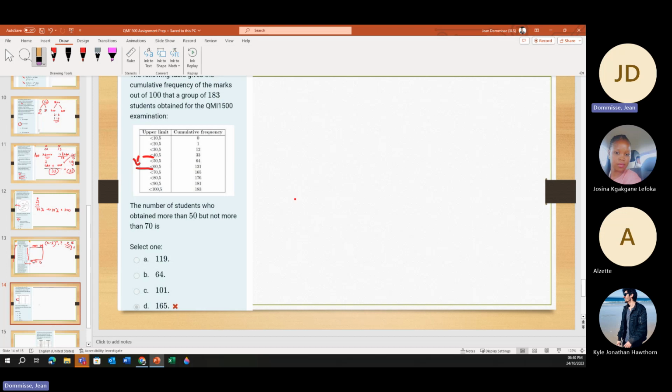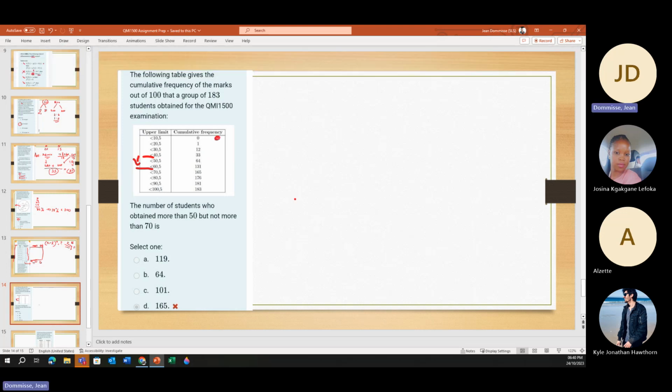So let's be practical about this. So there's nobody there. There's 1 there. There's 11 there. There's 21 there. 64 minus 53. 51 there. 151 minus 64. 67.